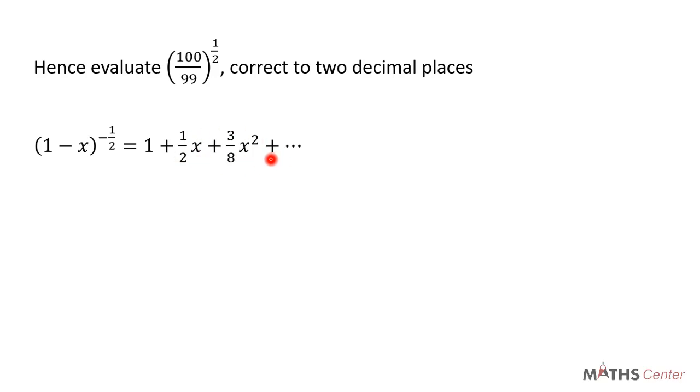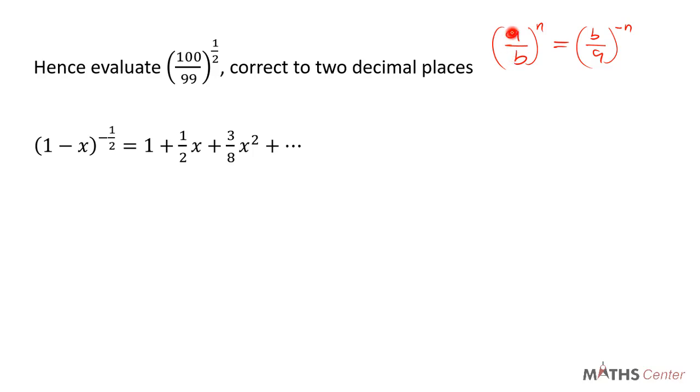So let's do that. By comparing, we can see that the exponent on the binomial expression is negative half, but the exponent on our number here is half. So we have to make sure that the exponent on the number is also negative half. From indices, we know that if you have a divided by b exponent n, it can be written as b divided by a exponent negative n.